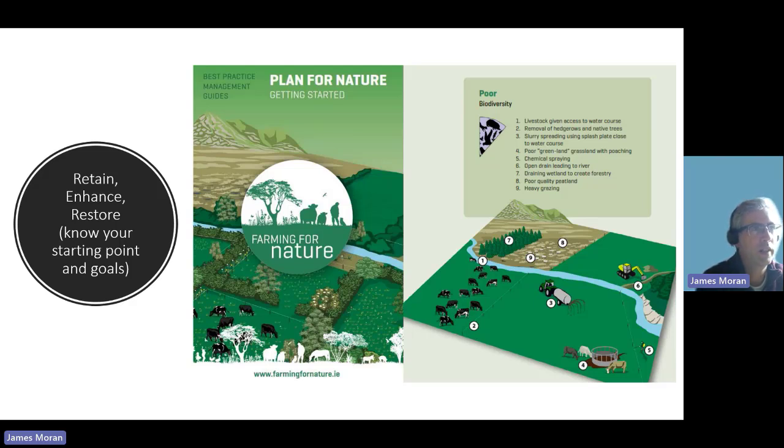They are also in poor condition. So you can see here that this would be an area that would be poor in terms of its environmental quality, which would be reflected in the biodiversity quantities and quality in this area, the water quality, and also the emissions from a particular area like this.